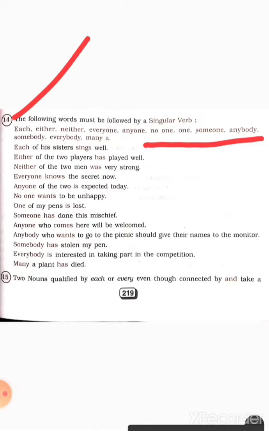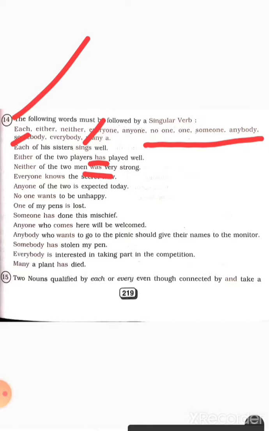Still, I am referring to these examples from your book for your better understanding. So, each of the sisters sings well. After each, the singular verb, sings. Either of the two players has played. So, has, the singular verb, will follow. Neither of the two men was very strong. Was, singular verb.